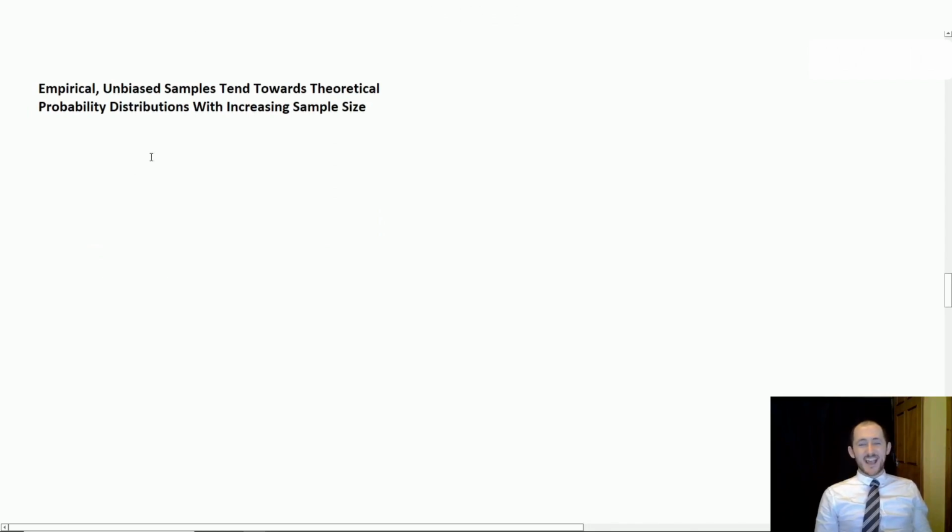Okay. So, this is again something that I went through just now, right? So empirical just means experimental, right? So it means when you actually do it, the relative frequency will approach the theoretical probability, okay?